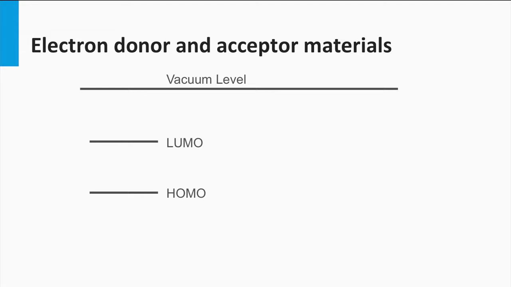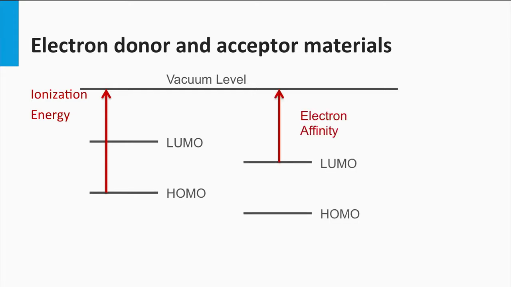This level is often used as the level of alignment for the energy levels of 2 different materials. The ionization energy is the energy needed to excite an electron from the valence band or HOMO to the vacuum state. The electron affinity is the energy obtained by moving an electron from the vacuum just outside the semiconductor or conjugated polymer to the bottom of the conduction band or LUMO.